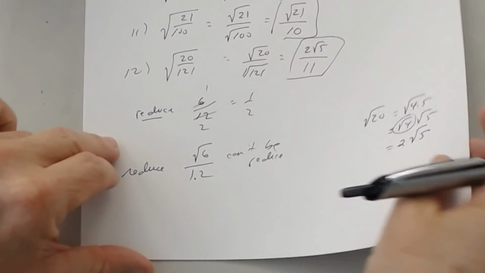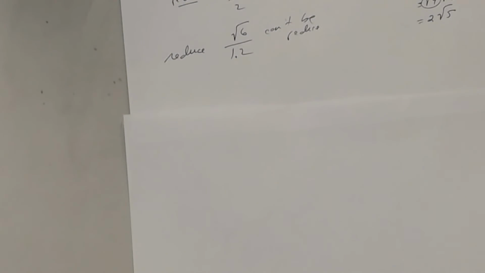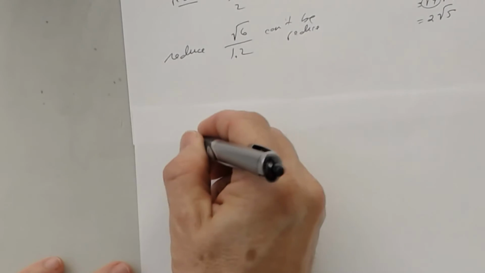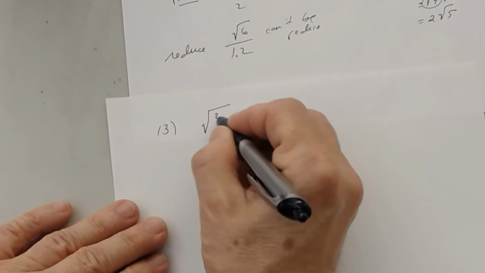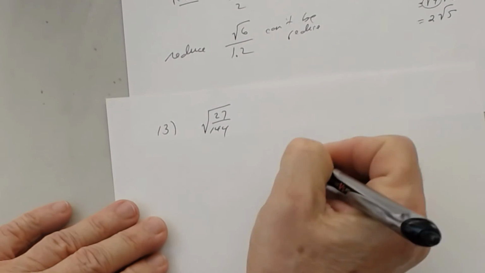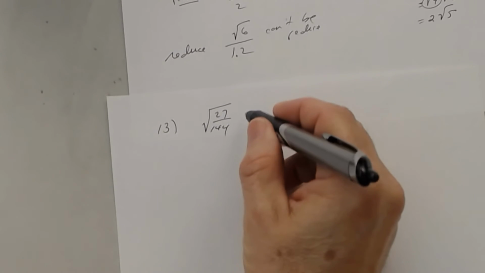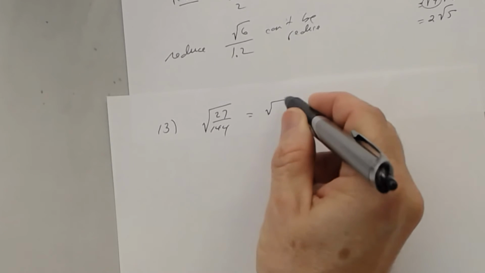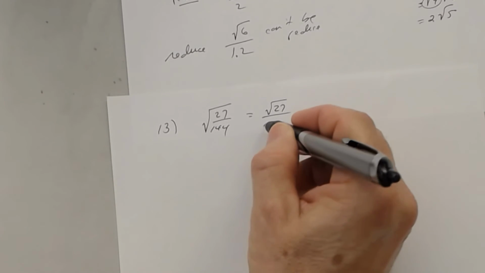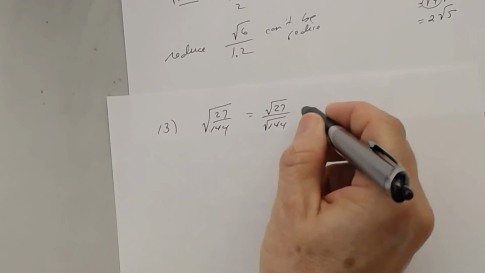All right, so let's look at number 13. Suppose we had the square root of 27 divided by 144. How are you going to rewrite this? The square root of 27 divided by the square root of 144.